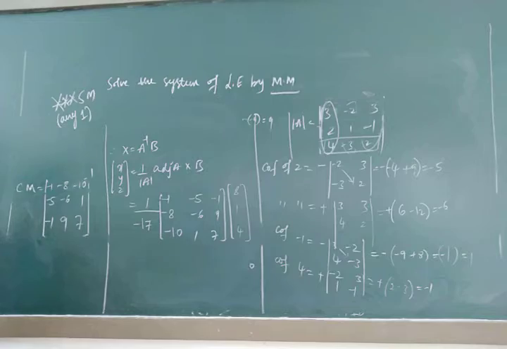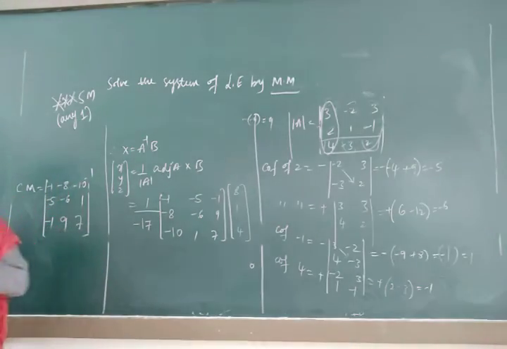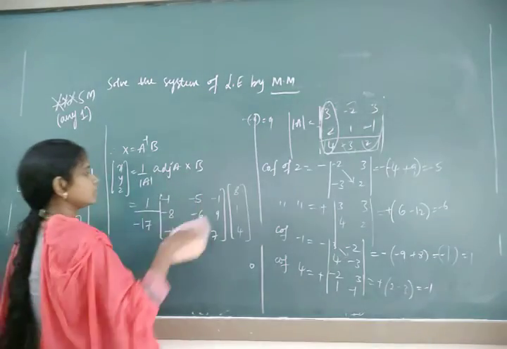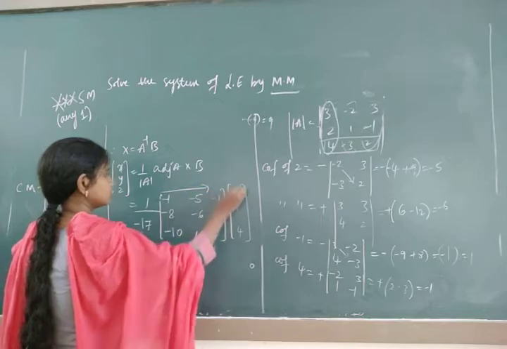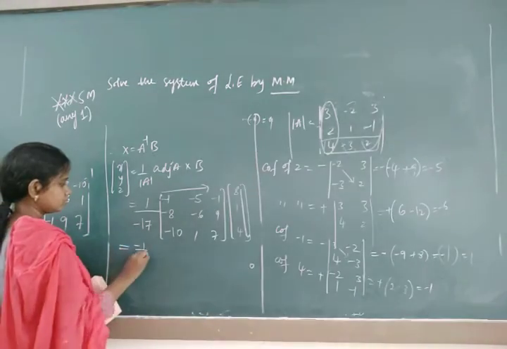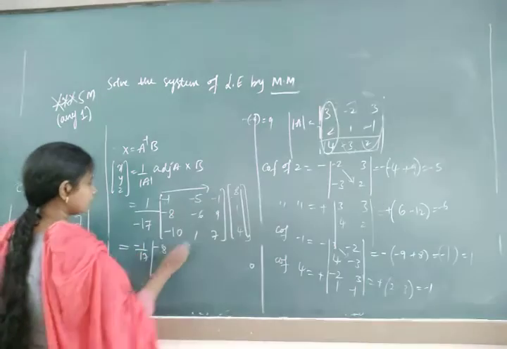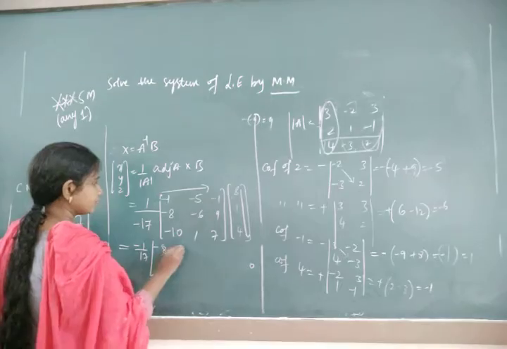We have the cofactor, take a transpose. Now what do we do? Either you can multiply the minus 17 inside, that is dividing throughout the adjoint A by 17, or else you just multiply row with the column first. Minus 1 into 8, it's a minus 8. Minus 1 into 5, it's a minus 5.